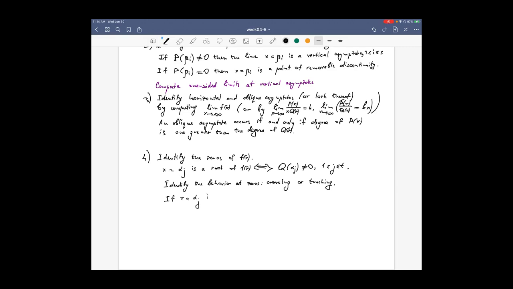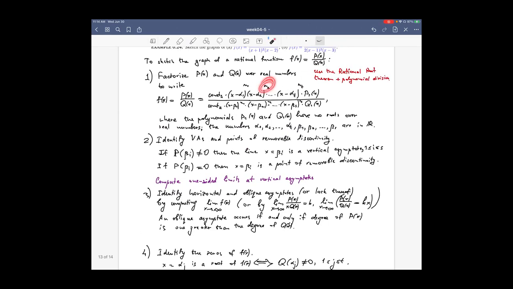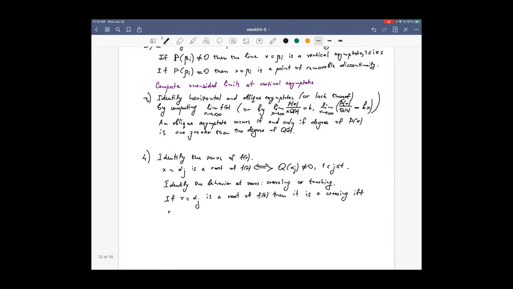If, say, alpha j is a root of f, then it is a crossing if and only if the corresponding power mj is odd, and it is a touching if and only if the corresponding power mj is even.